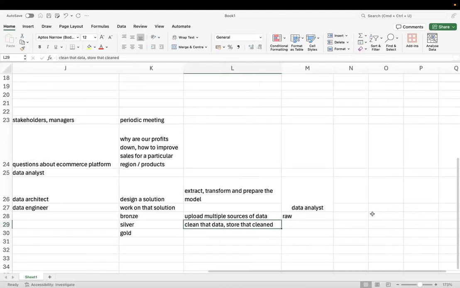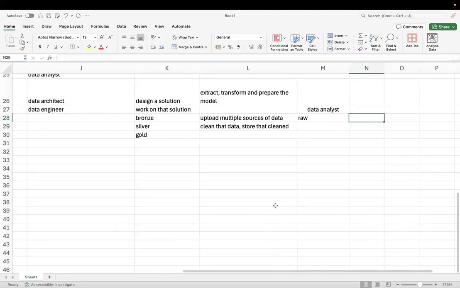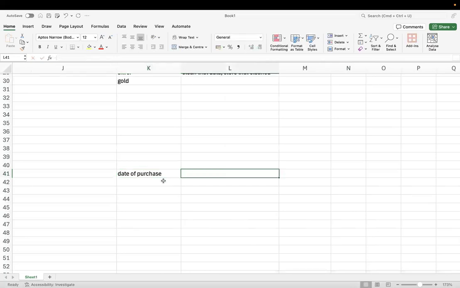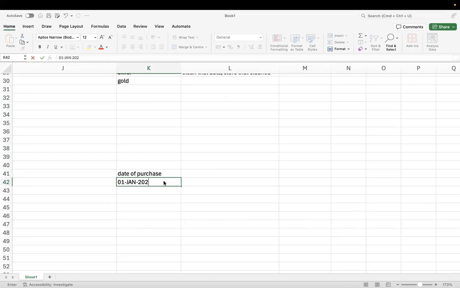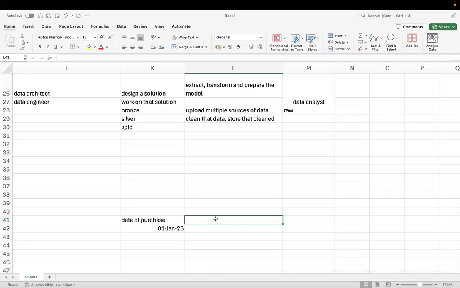Now you have cleaned the data. Well, I'll take one example here. Let's say we have a column called date of purchase. Let's say somebody purchased a product on, let's say, 1st January 2025. To clean the data, the expectation is that whichever format your date of purchase is in, you standardize it to something like 1/1/2025.